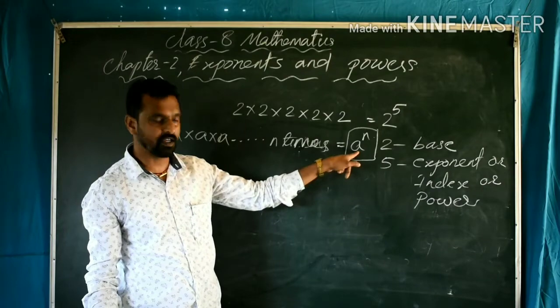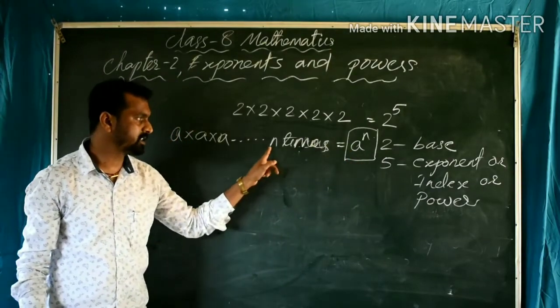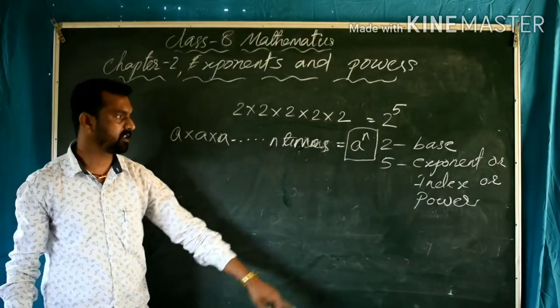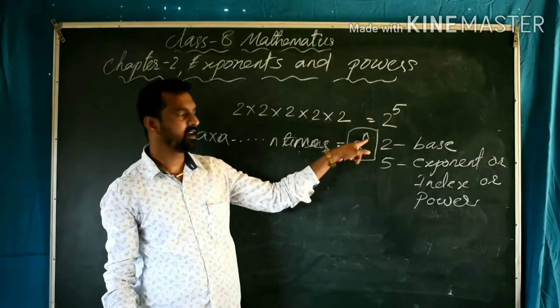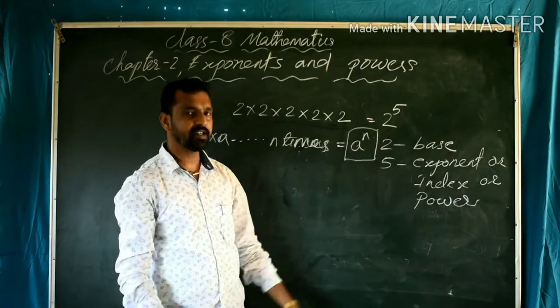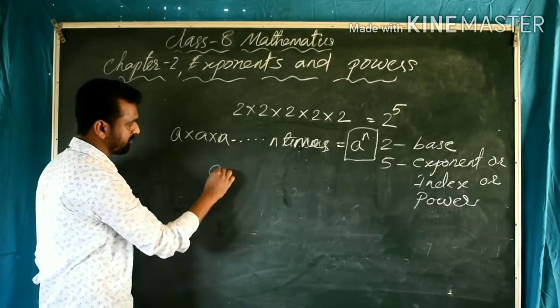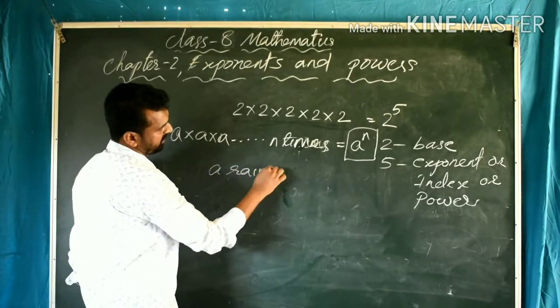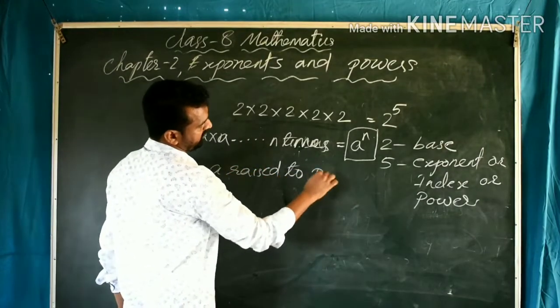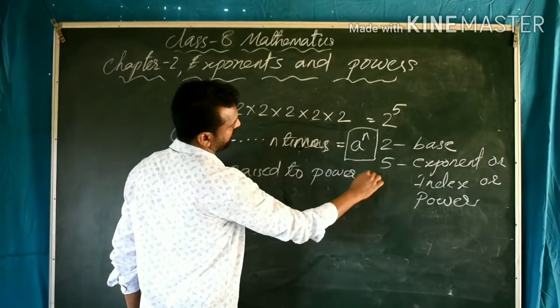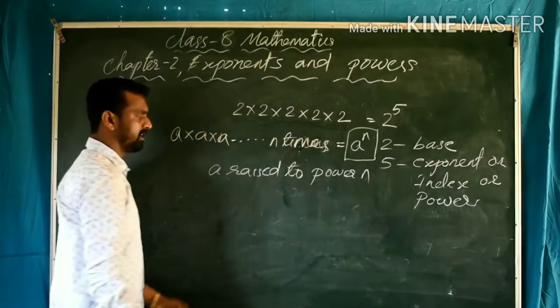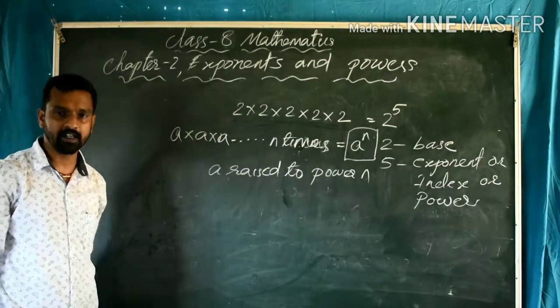Here a is the base, and how many times we are multiplying that number is called the exponent, and it is read as a raised to the power n.